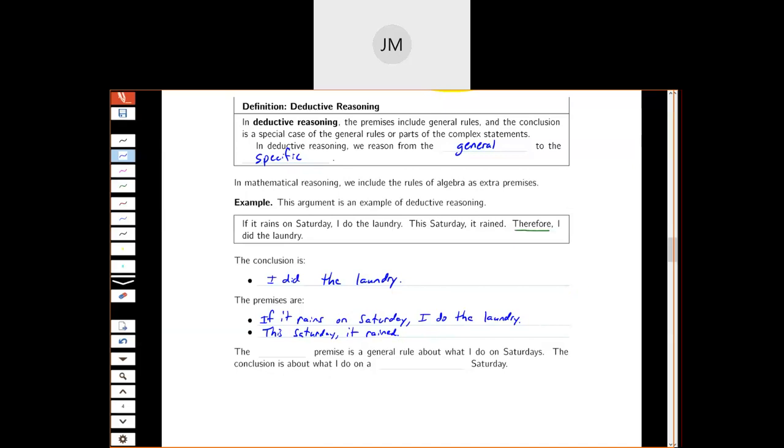So the first premise is a general rule about what I do on Saturdays. It's telling you, if it rains on Saturday, I do the laundry. The conclusion is what I do on one specific Saturday.